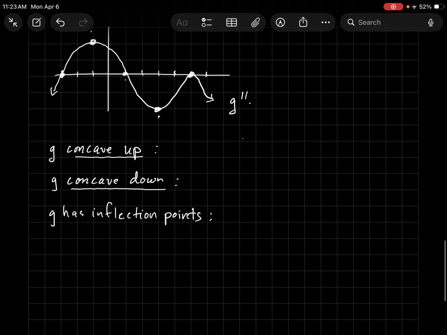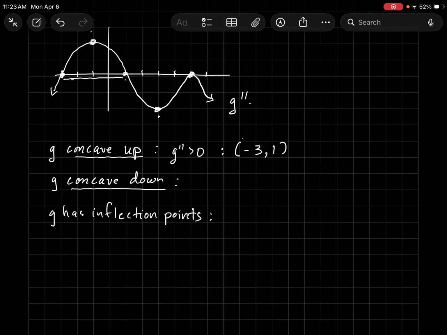Same graph, but we're going to call it something different, g double prime, and we're asked the same questions. Where is g concave up? Underlying truth, g is concave up when my second derivative is positive. Where is g double prime, the graph that I can see, positive? From there to there only, on the interval negative 3 to 1.